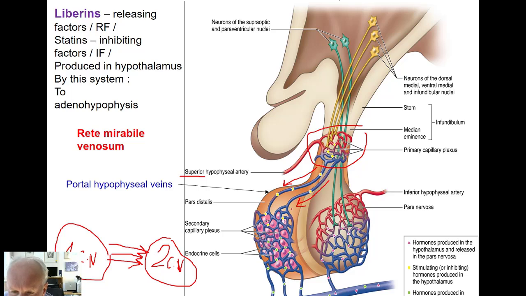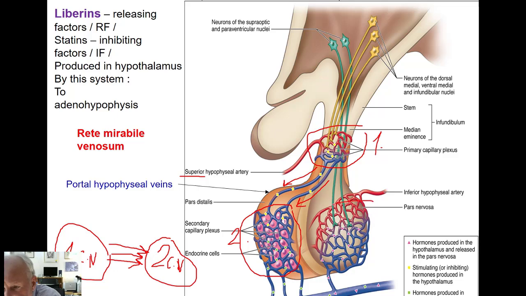And the second capillary net is in the adenohypophysis, and these are our famous sinusoids or sinusoidal capillaries, of which I was showing a sinusoidal capillary a few minutes ago on another picture. And this first capillary net and the second capillary net are connected by very short but several portal veins.